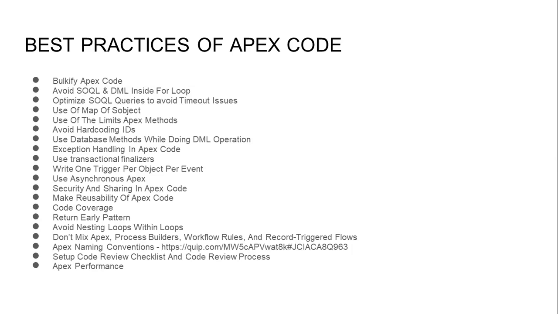For such scenarios as well, you use the name field or any other field which should remain constant across your multiple environments. The reason you avoid hard-coding IDs is that whenever you do a migration from one environment to another, or if you're doing AppExchange development and install it in the client's org, those things should not change. If you hard-code those, you won't be able to make those changes. That's why you should avoid the hard-coding of IDs.